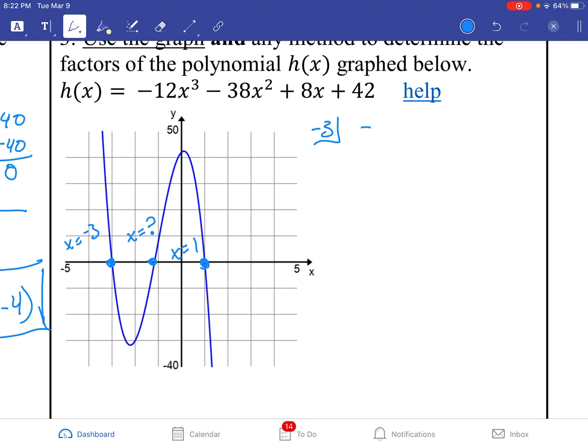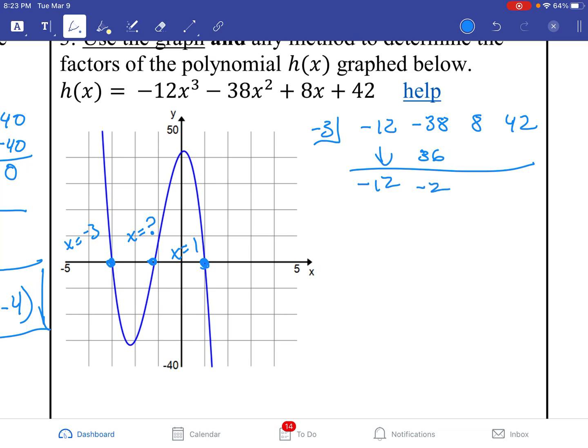My coefficients are negative 12, negative 38, positive 8, and 42. Drop the first number, negative 12. And negative 3 times negative 12 is going to be positive 36. Negative 38 plus 36 is going to be negative 2.